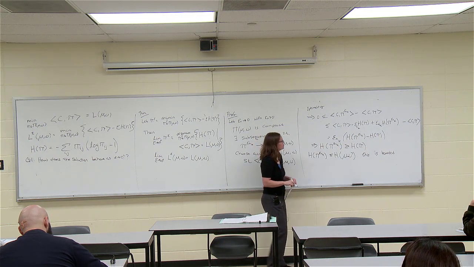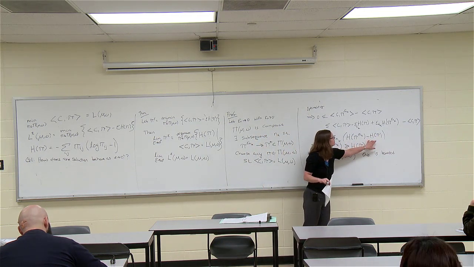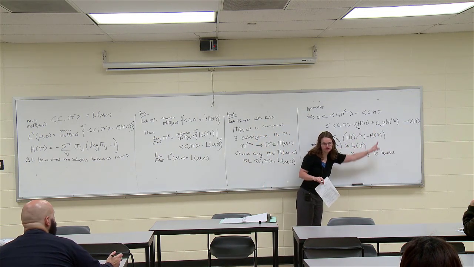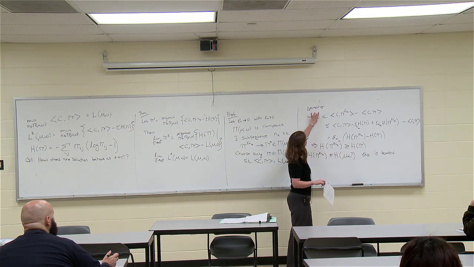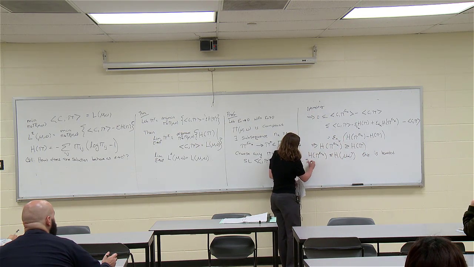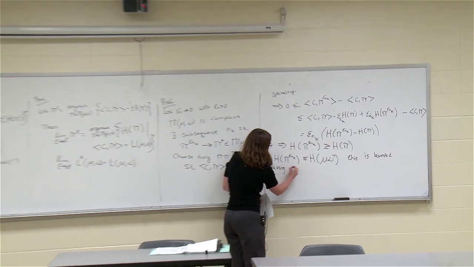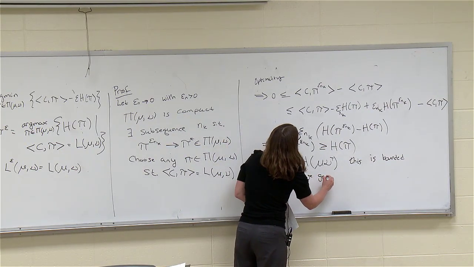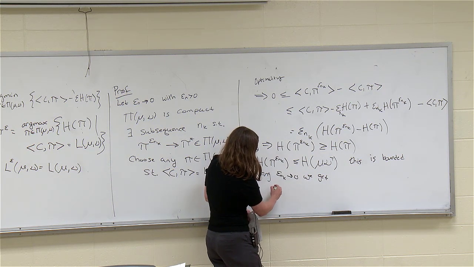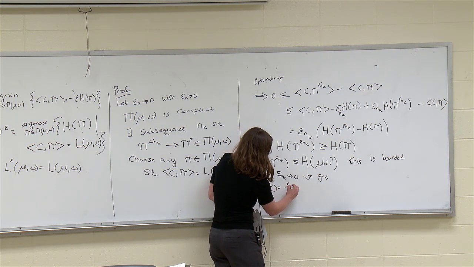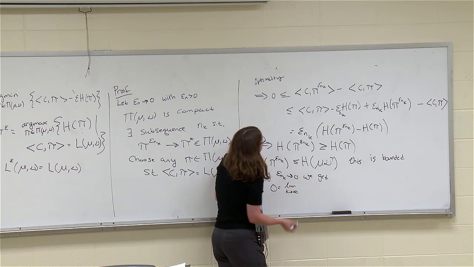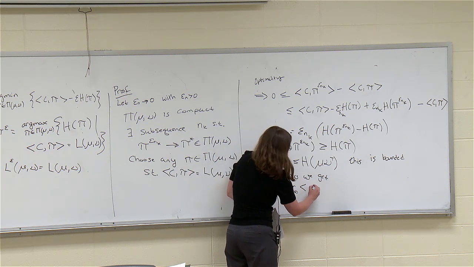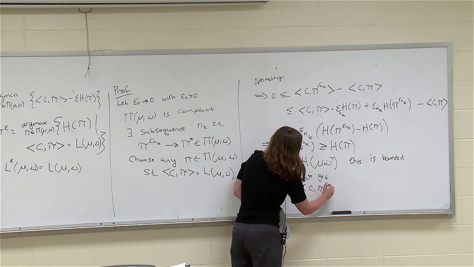Okay, so I say, great, this is bounded, this is bounded. So as I take epsilon to 0, this goes to 0. I have a 0 on the other side, so taking epsilon to 0, we get 0 equals the limit as we progress along our sequence.